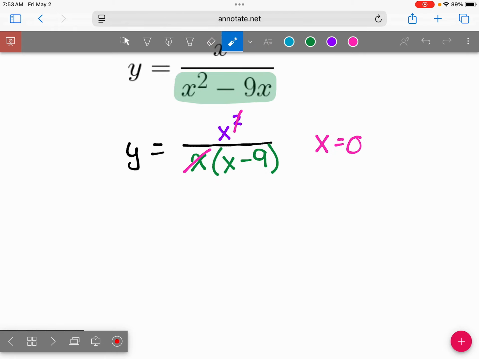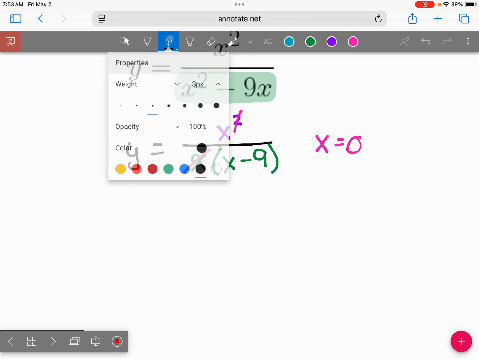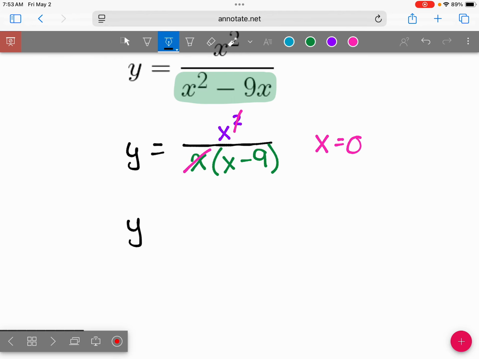So our leftover equation, we have our x over x minus 9. And our problem child here is this x. So we find our x value for our discontinuity when x equals 0, our crossy outy guy.